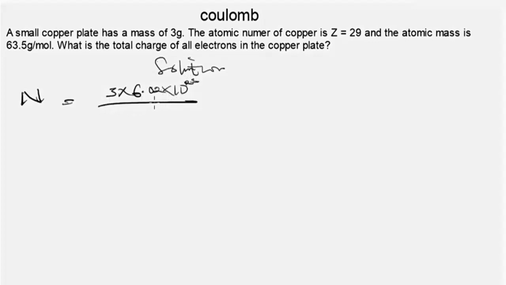Then we'll divide this by the atomic mass of copper, which is 63.5. Now when we do this, we get the number of atoms. So this will give us 2.84 times 10 to the power of 22 atoms.